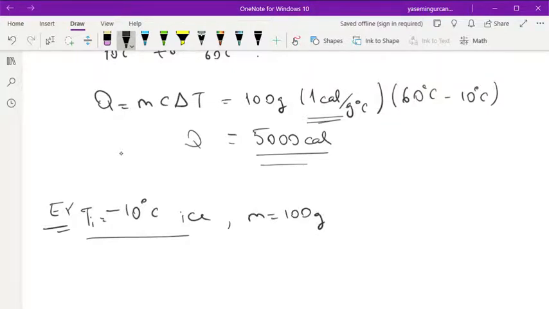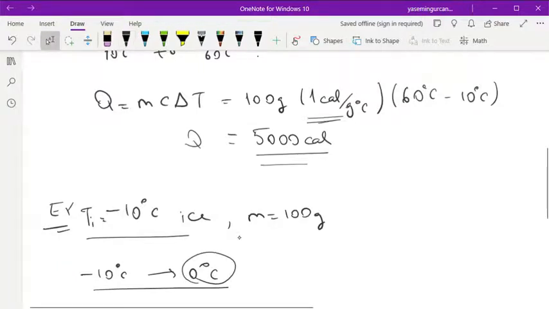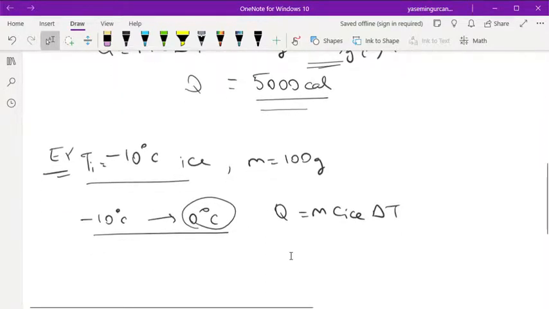What you do is go from -10° to 0° first. That's where ice can melt, right? This is the melting point. So you use the same formula, but this time it's M C ice delta T, because you have ice. So this is to increase the temperature of ice. Ice can be not just 0°, it can be -10, -20, lower temperatures, right?